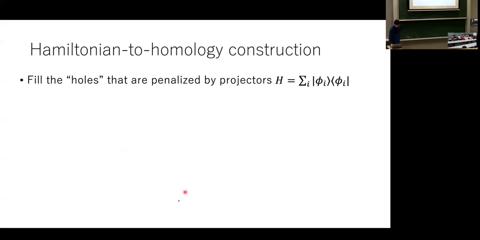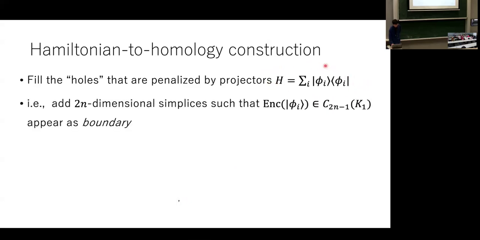In order to construct the second simplicial complex, we want it to reflect the property of the 4-local set of projectors. Suppose the set of projectors is this.